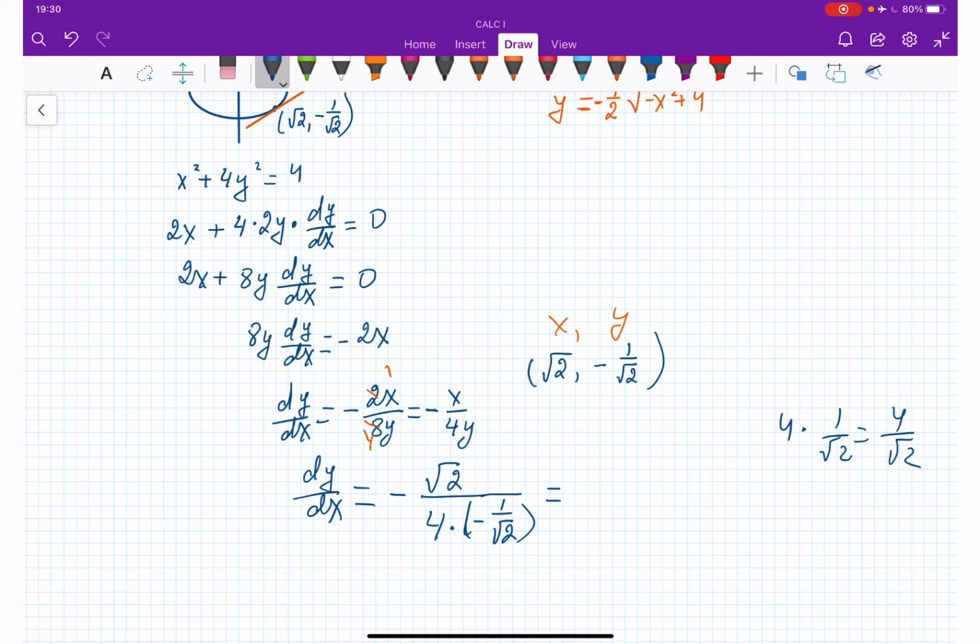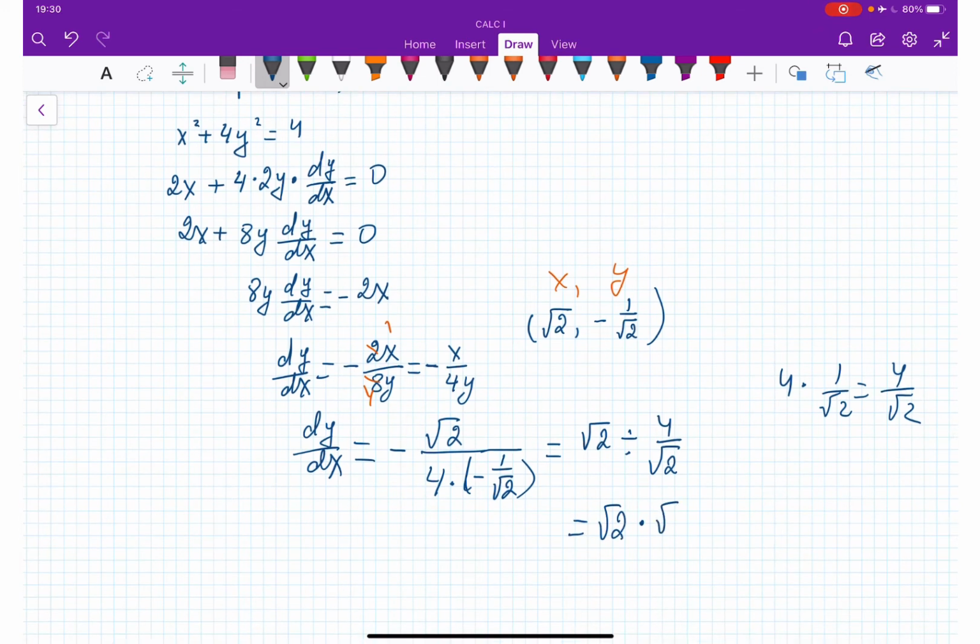Now, when I divide square root 2 by 4 over square root 2, we flip the second fraction. I'm getting square root 2 times square root 2 over 4, which is 2/4, so dy by dx is going to be 1/2.